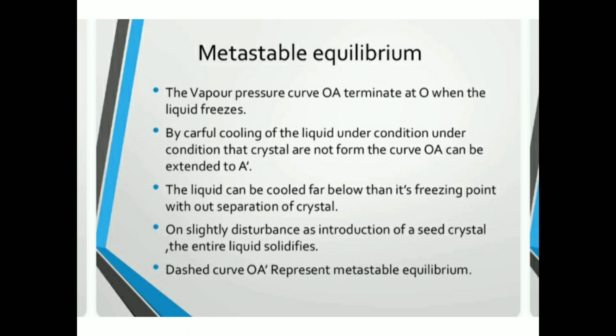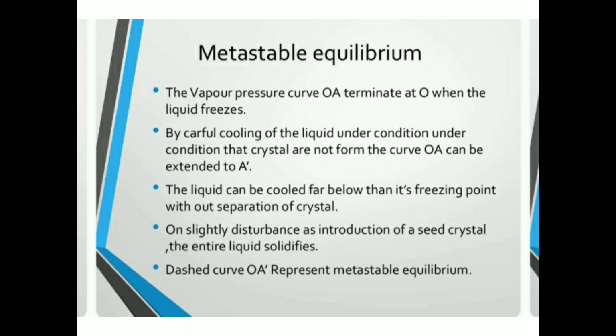That is supercooled water in equilibrium with vapor. Sometimes water can be cooled below 0 degrees Celsius without the formation of ice. This water is called supercooled water. Supercooled water is unstable and it can be converted into solid by seeding or by slight disturbance.